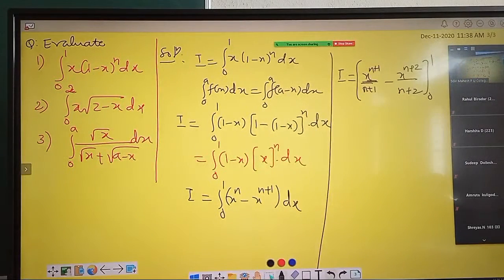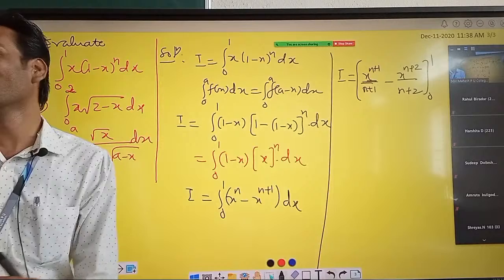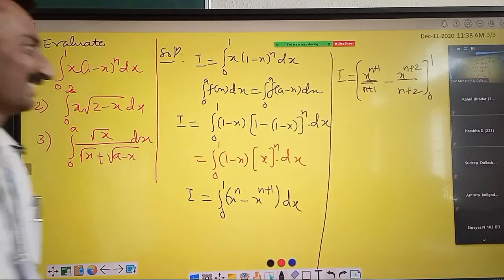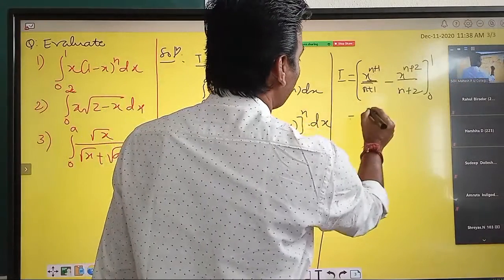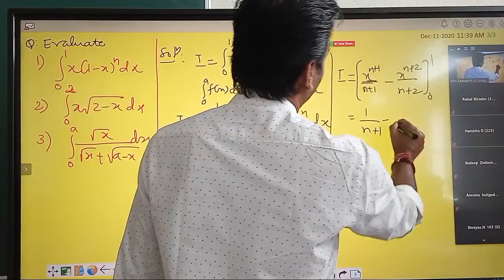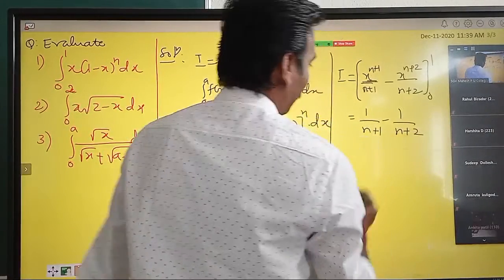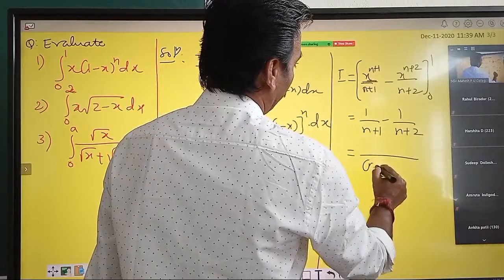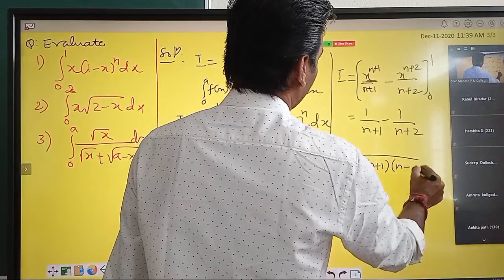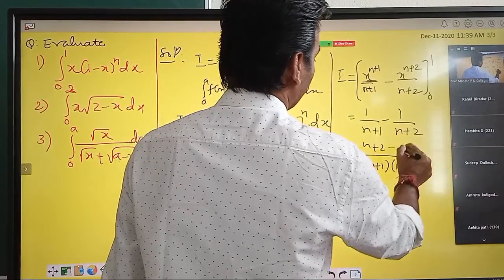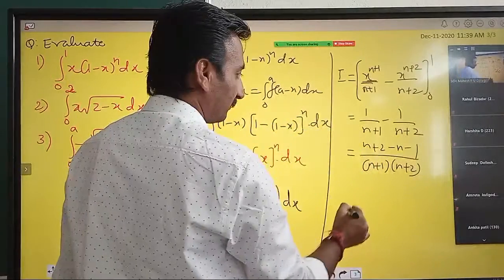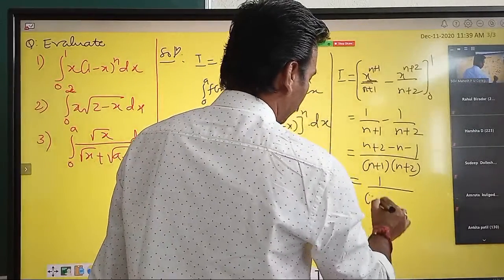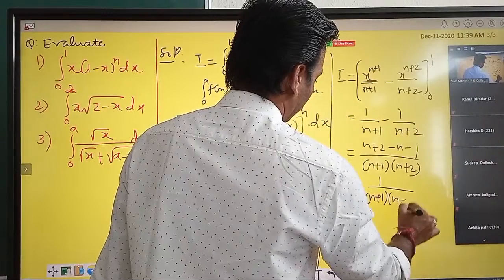How is it possible? Now let us put the upper limit, which is 1 divided by n plus 1 minus 1 by n plus 2. Taking LCM, we get n plus 1 into n plus 2. So it is n plus 2 minus n minus 1. So this is 1 divided by n plus 1 times n plus 2.